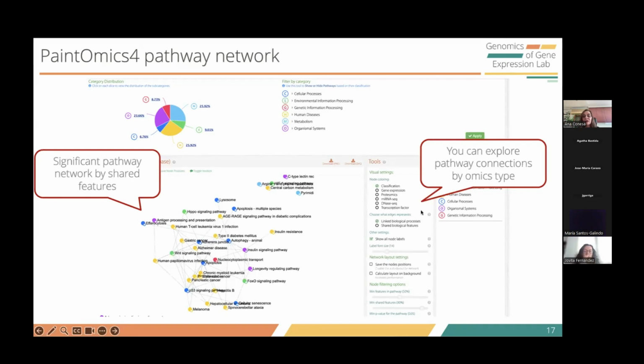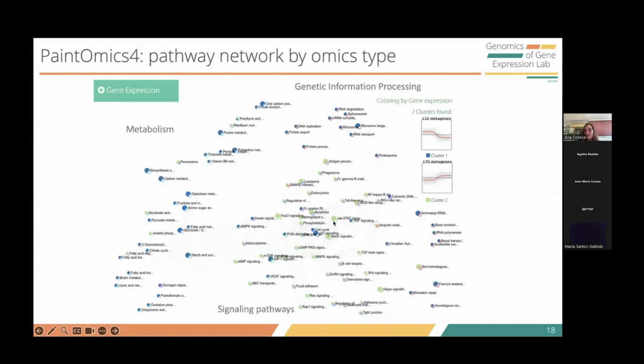And you can also adjust the settings on how to see this. But basically what we do is we create, with this expression data, clusters of pathways and then group them together and color them together so that you can see which pathways are changing their expression in a significant way with the same pattern.